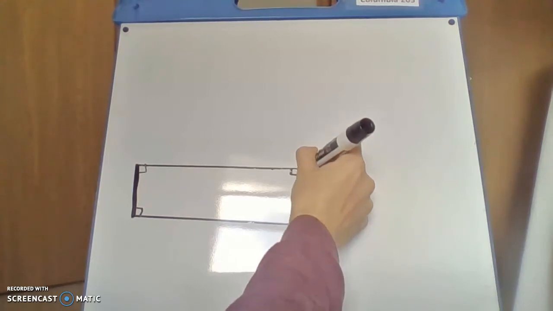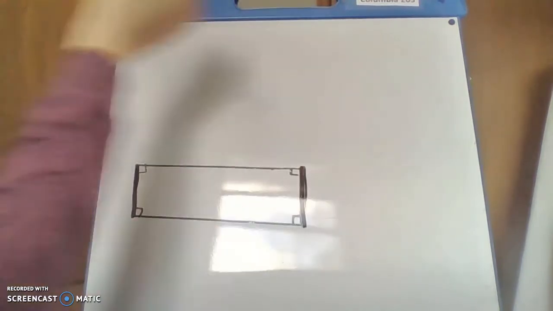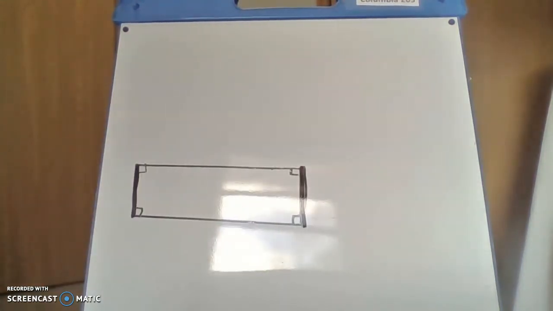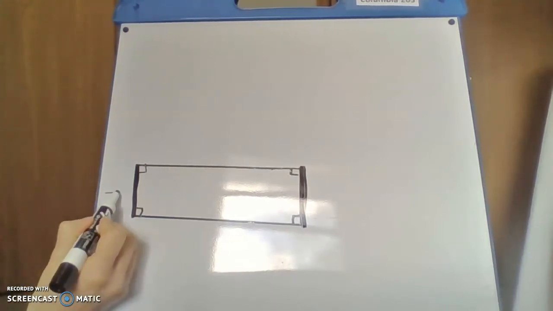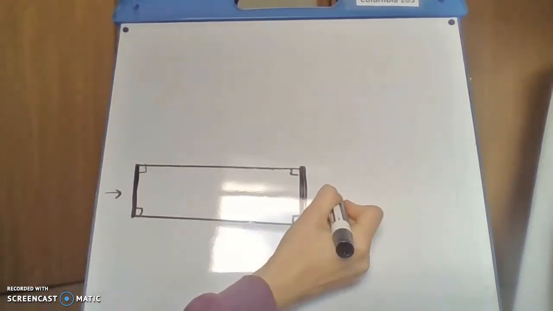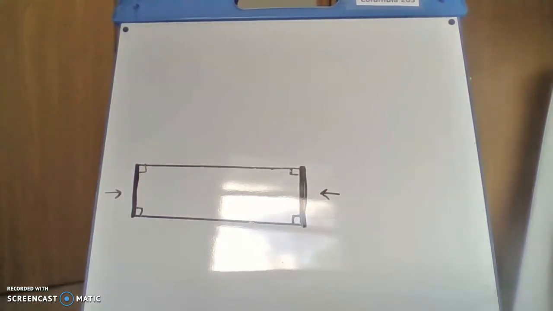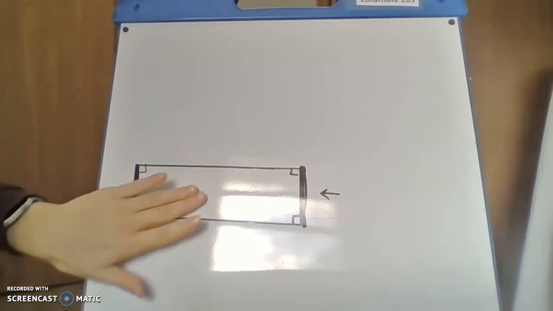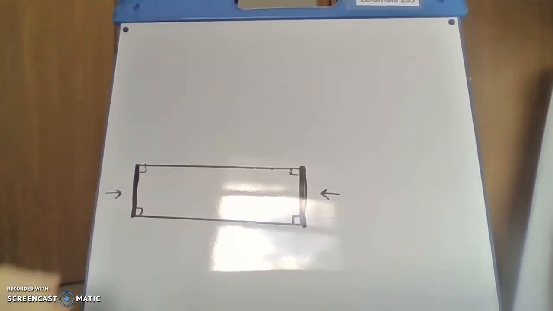And I want you to focus on these lines. What can you tell me about these lines? I made them dark so you could focus on them. So this line and this side. What could you tell me? What do you notice about these sides of this quadrilateral? There's your vocabulary. What do you notice?